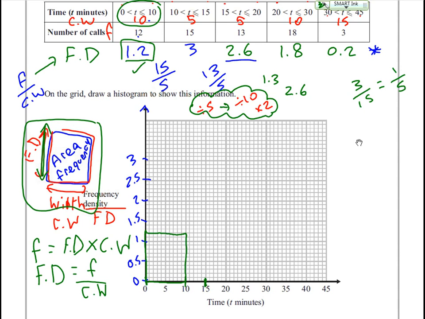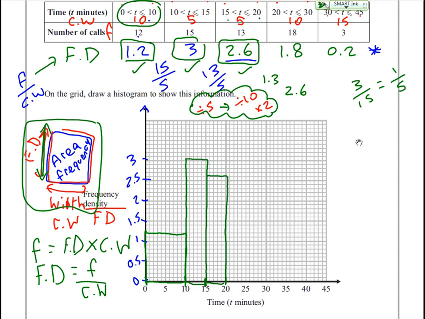They're not all the same; they don't have to be. We're going up to 3. Next one, up to 2.6, and it goes across from 15 to 20. Done.